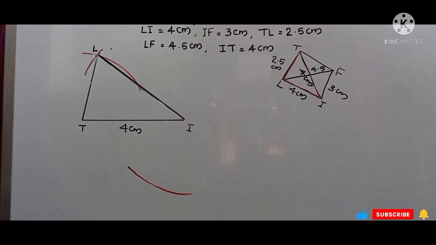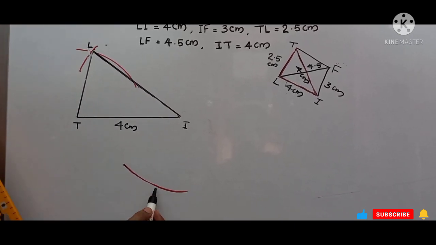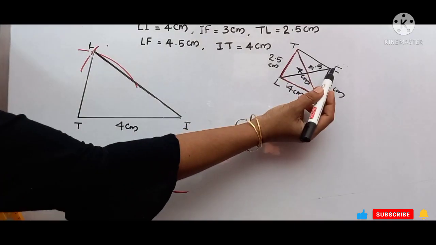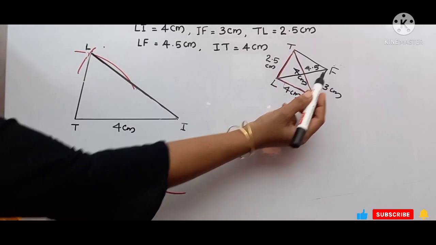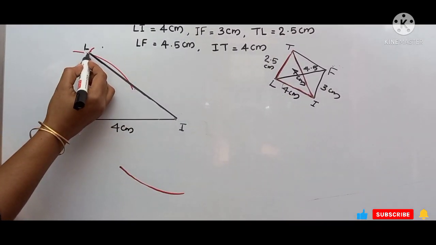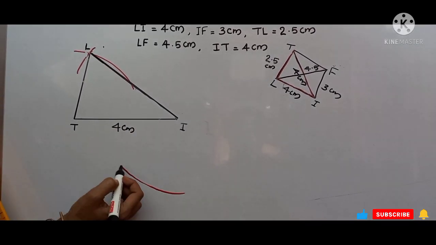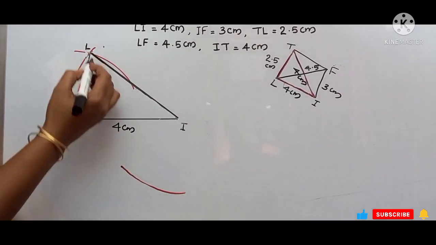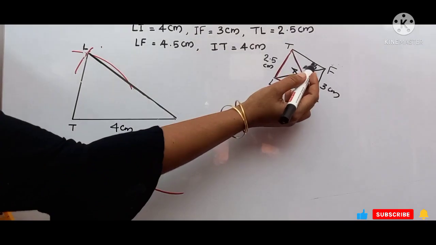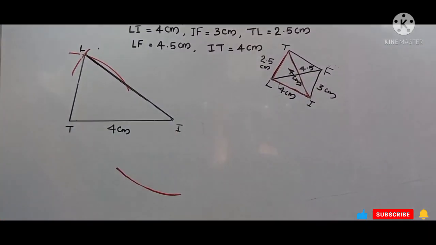And after that, here we did not get that point F now. Here TF is not given, but LF is given. See here, L is here and F should come on this arc. So LF is given as 4.5 centimeter.